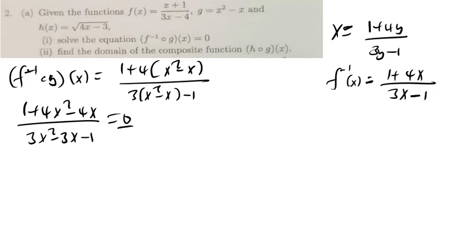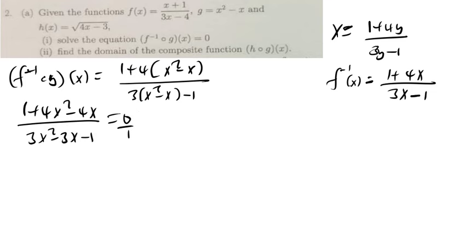So you can cross multiply. Everything on the denominator will be multiplied by 0, which is going to be 0. So I'm going to have the numerator equal to 0. So I have 4x squared minus 4x plus 1 being equal to 0.